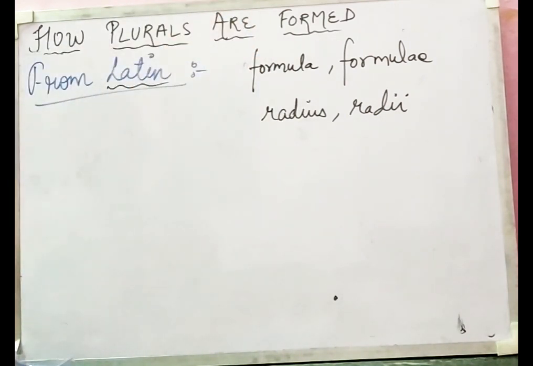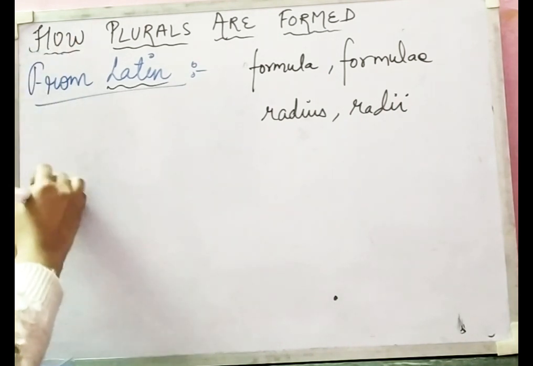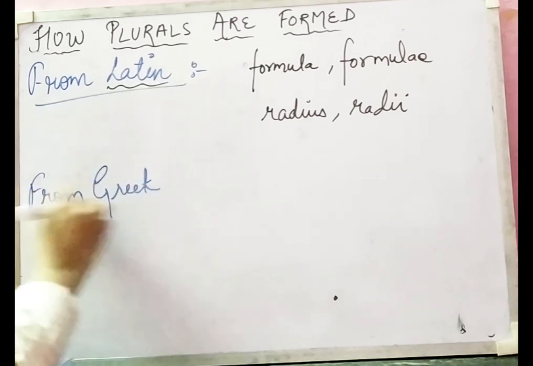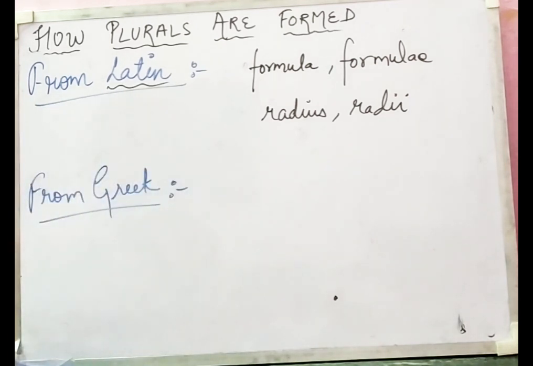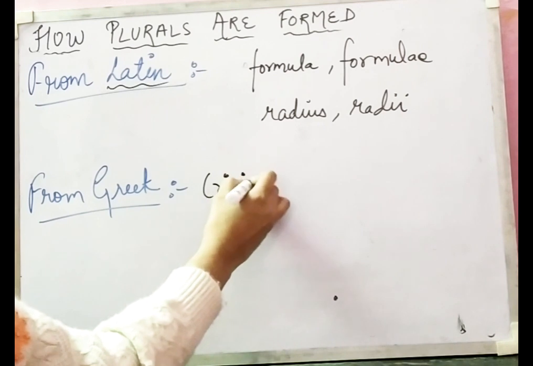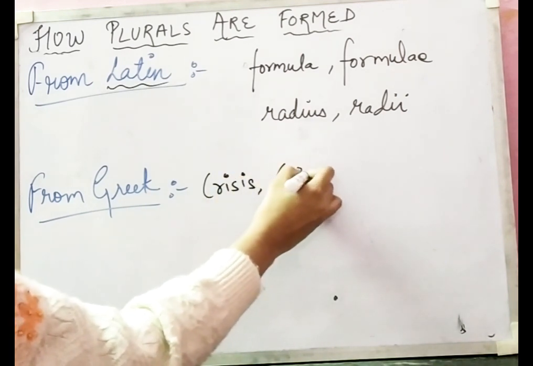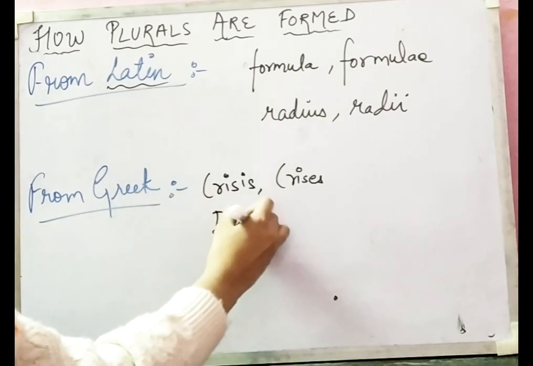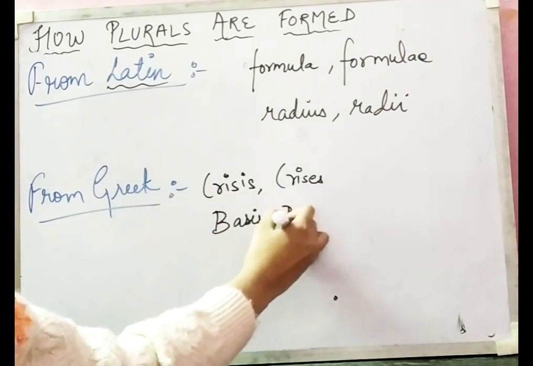Now, some plurals came from Greek also. From Greek, you all know crisis, or you can say crises. Similarly, basis and bases.